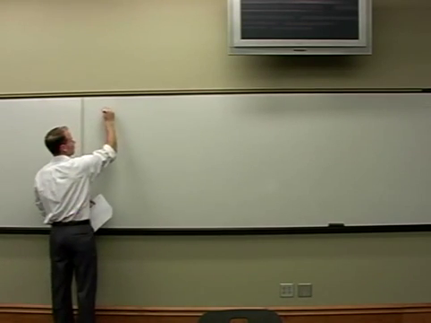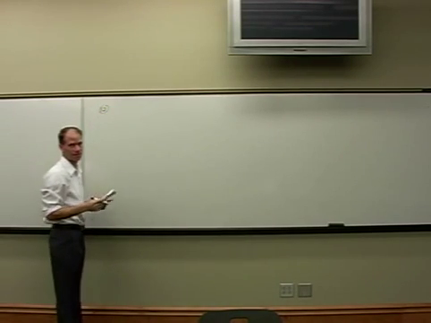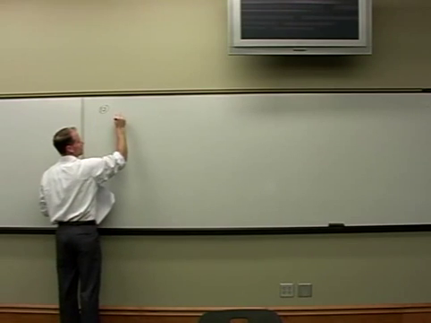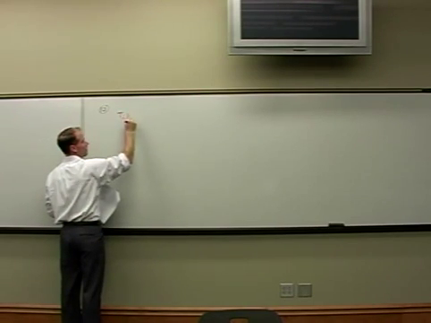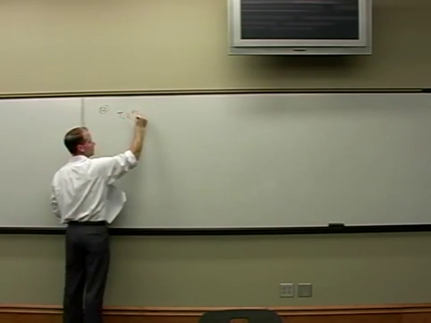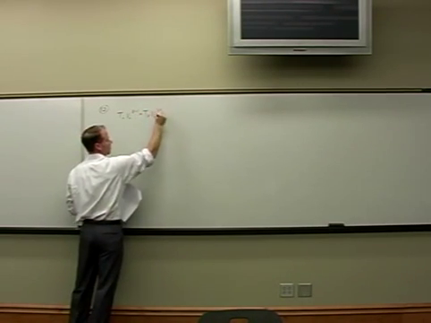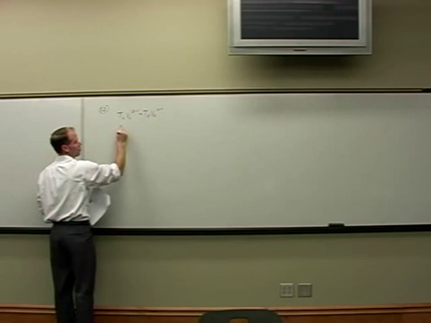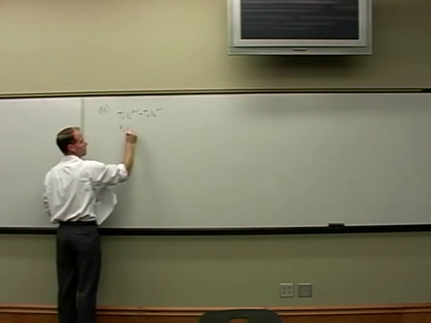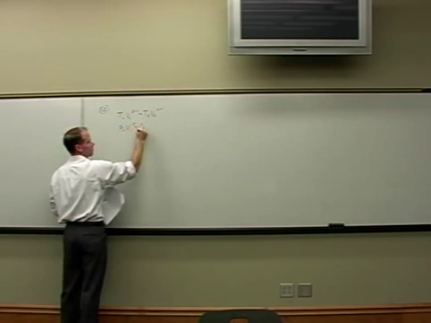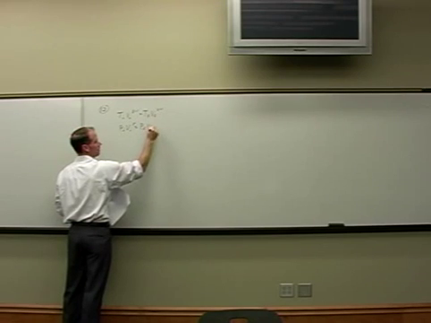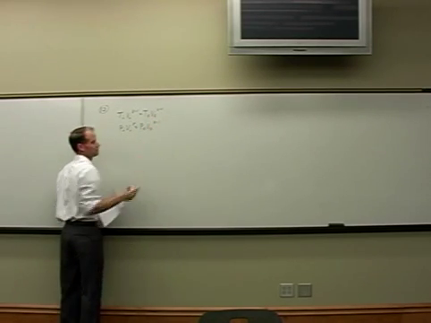Now, we didn't have a formula for that. We had T initial, V initial to the gamma minus 1 equals T final, V final to the gamma minus 1. And we also had P initial, V initial to the gamma equals P final, V final to the gamma.